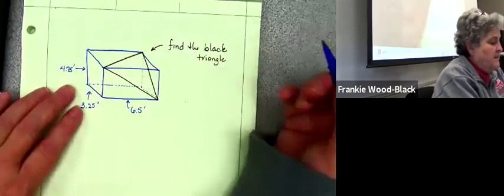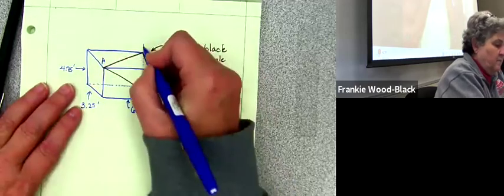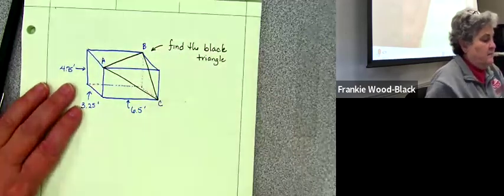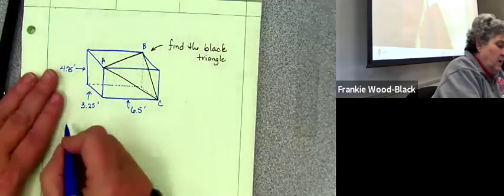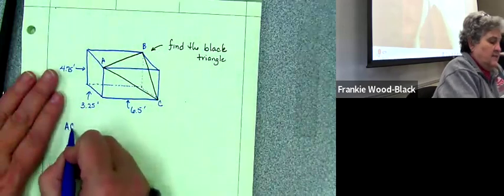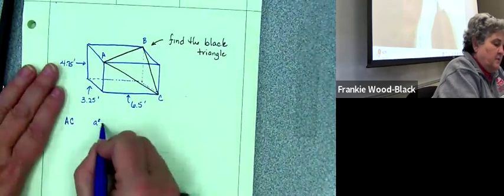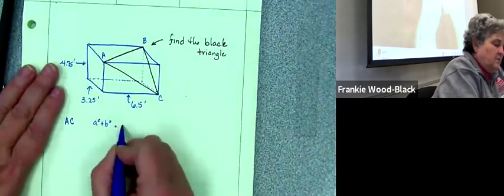So I'm going to give myself some points here. This is going to be point A, this is point B, and that's point C. So we're going to work on line AC first. We're going to use our A squared plus B squared is equal to C squared.